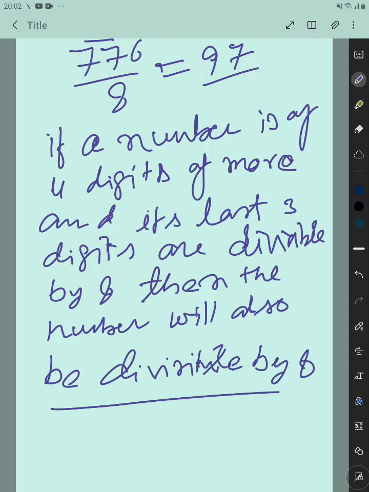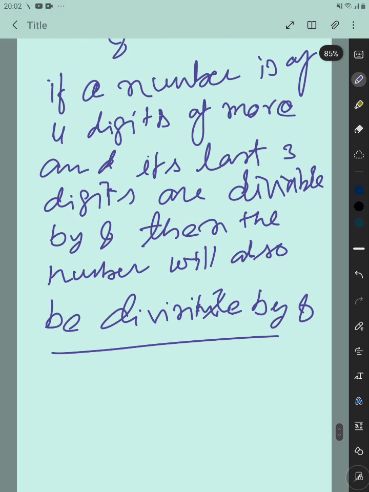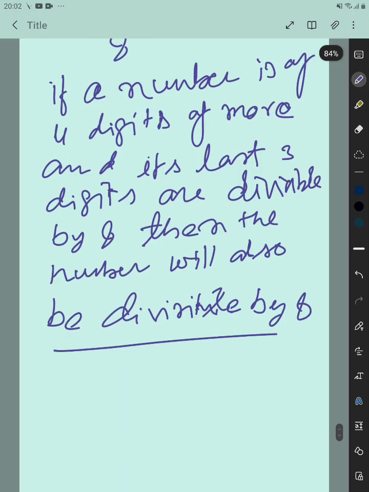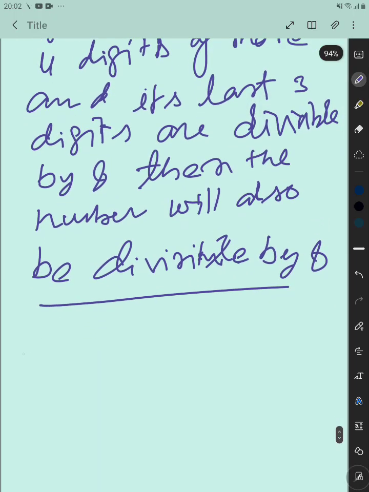This is the conclusion. Now this was, I think, sixth or seventh, I don't remember, but let's take it as sixth, and then we'll talk about the seventh.